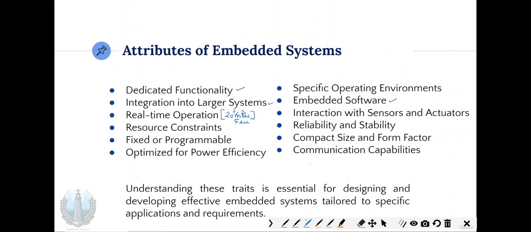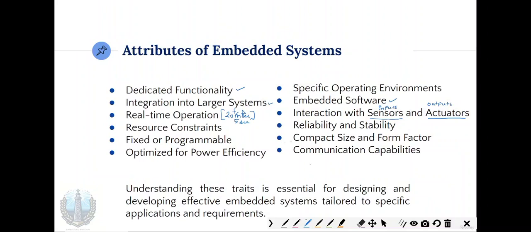Then it will interact with various sensors which act like input devices, and it controls various actuators which act like outputs of your embedded system.